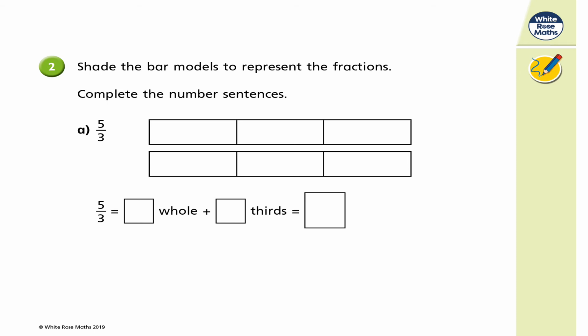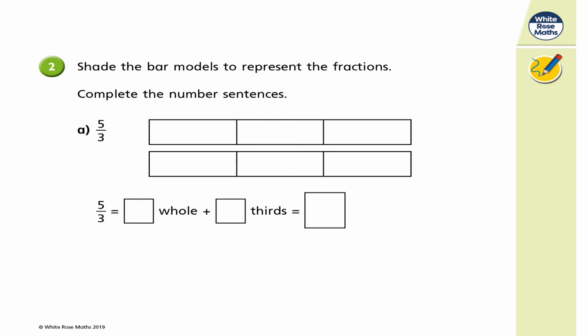Okay, I would like you to draw in your book those 2 strips divided into 3. Pause the video whilst you do that for me. Okay, so you have shaded in 5/3. So I would shade in 1, 2, 3, 4, 5.